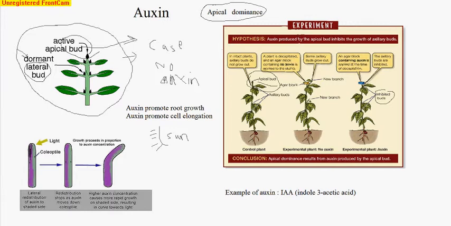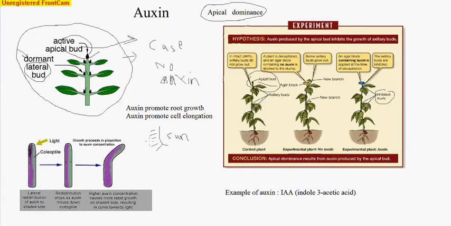And if there is no auxin over here, it means the new branches can form, as they won't be inhibited. So that's the catch over here, and this is what apical dominance is all about.